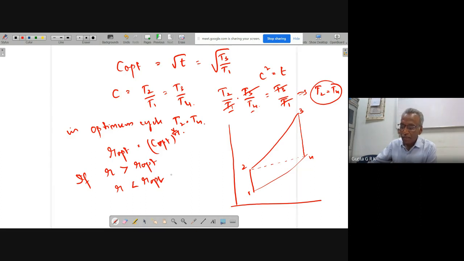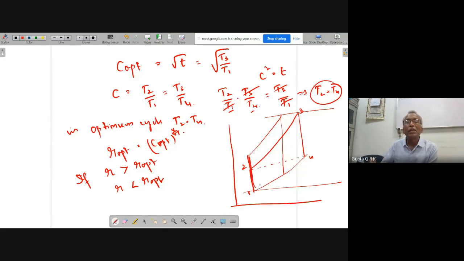Why? Because suppose my R increases, and T3 is the same and T1 is the same, right? If I increase the pressure ratio, the cycle will become like this. Am I clear about it? Yes, sir. So now the WC is very high.